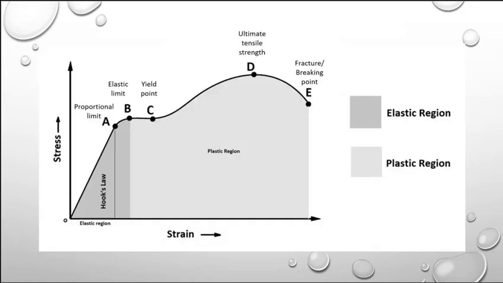Now let us consider this picture. This picture is very important for you to understand. Why is it important? Just pay attention and follow me as I'm explaining it. This is the y-axis and this is the x-axis of the graph. The y-axis is the stress axis and the x-axis is the strain axis.